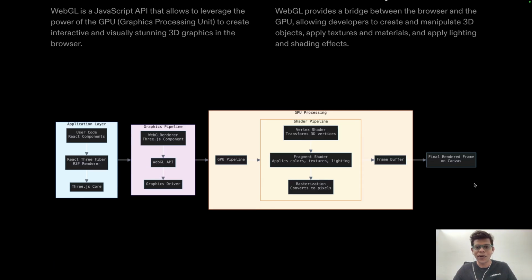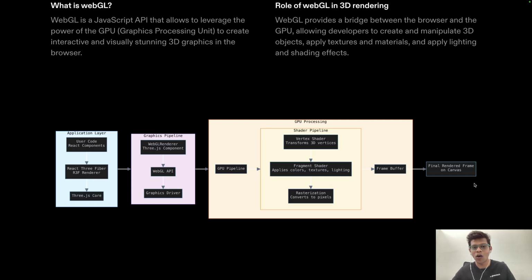This is a very basic flow chart of what actually happens behind the scenes. A lot more actually happens, but we'll not go into it today. It's just a basic intro. So basically we have the application layer, your user code, what we write, and then it gets converted into the Three.js core components.